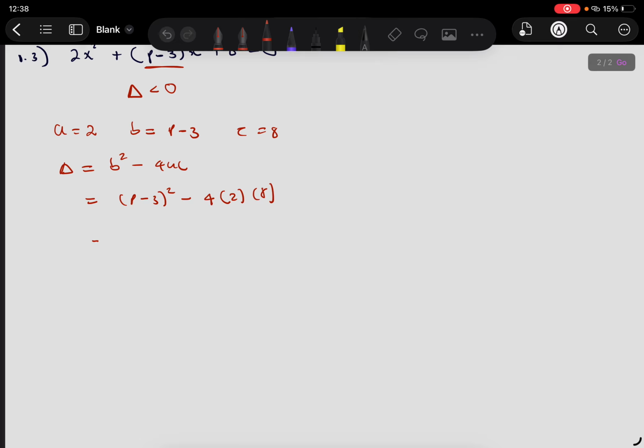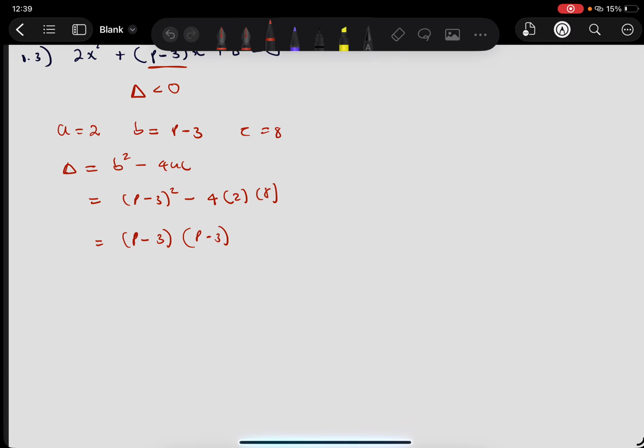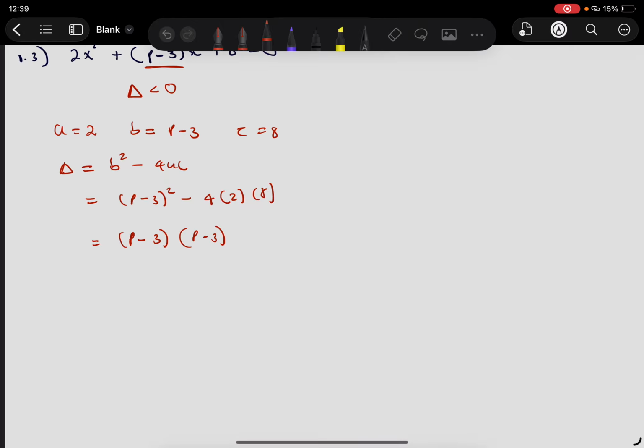So we have (p minus 3) all squared. This is (p minus 3) multiplied by (p minus 3). 4 times 2 is 8, 8 times 8 is 64. So we would have minus 64 there.